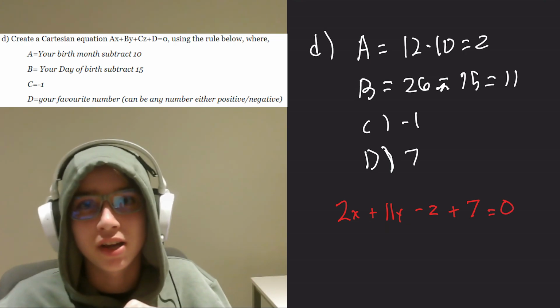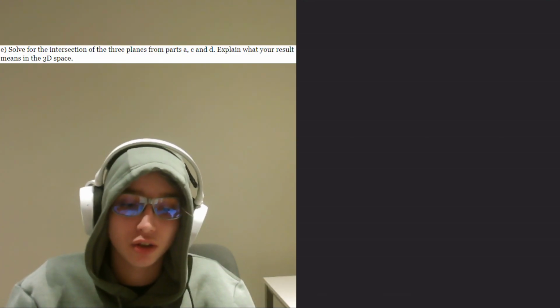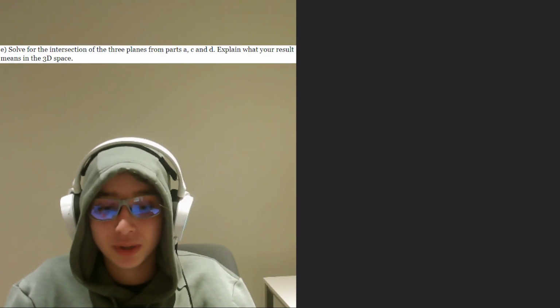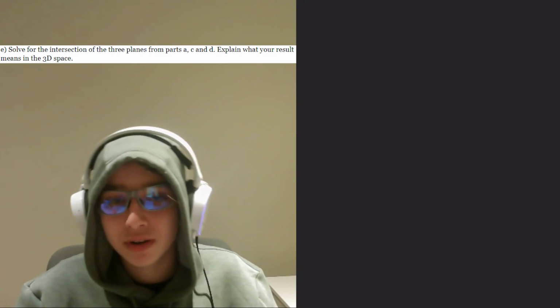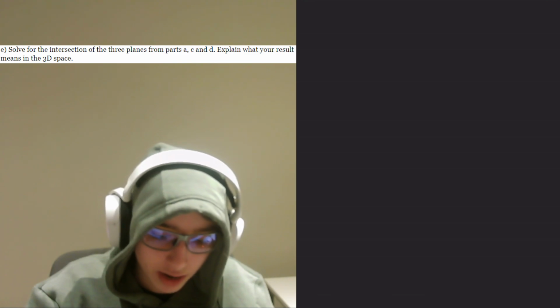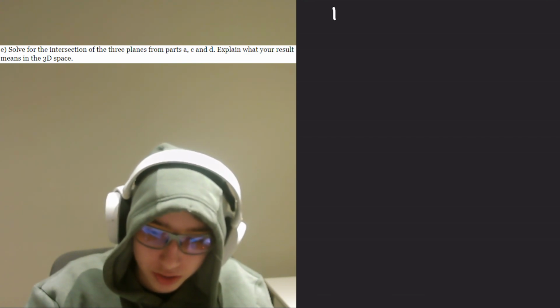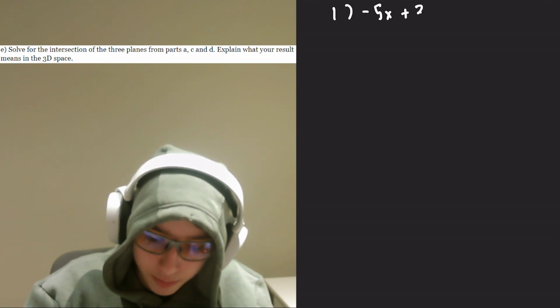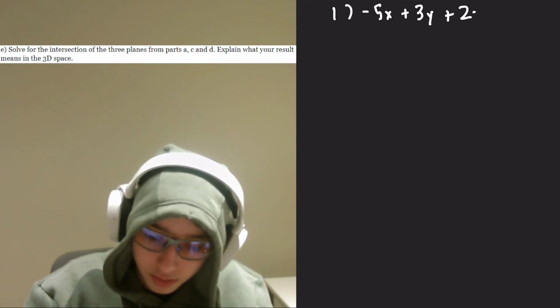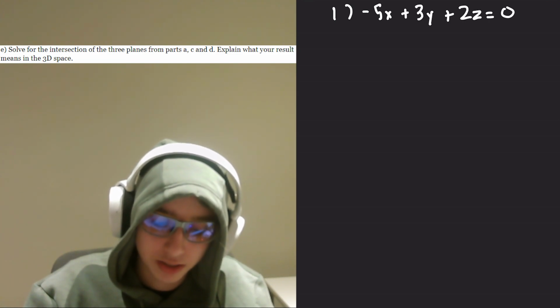Let's move on to question E. Alright, so moving on to question E here, and it's asking us to solve for the intersection of three planes from parts A, C, and D. So a little recap, if you don't remember, the plane that we had from part A is going to be negative 5x plus 3y plus 2z is equal to 0.